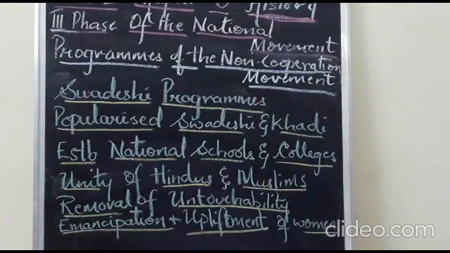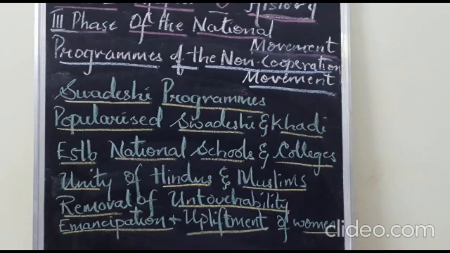Now let us see what were the programs under the Swadeshi. The first one, they popularized Swadeshi and Khadi goods, thus reviving hand spinning and hand weaving, creating job opportunities for the locals. Second, establishment of national schools and colleges.